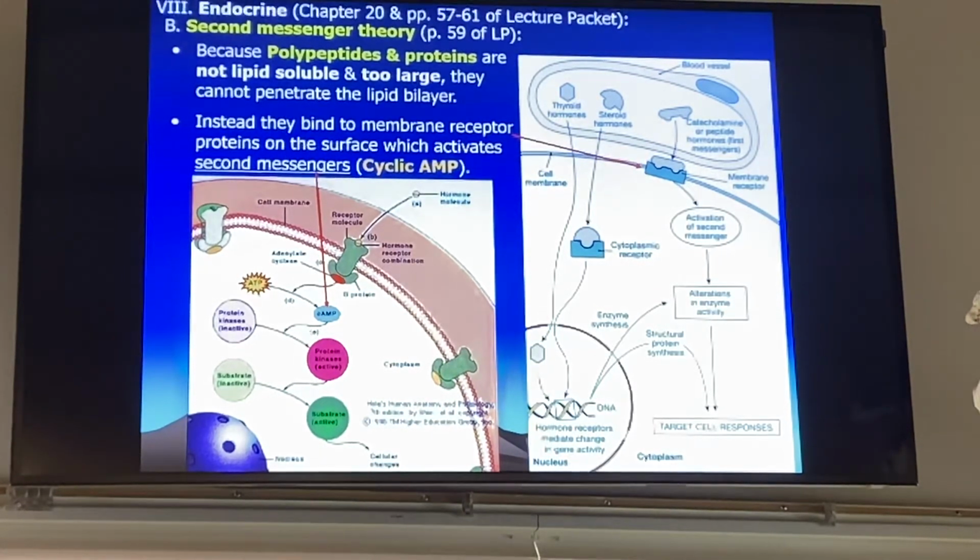You guys remember ATP? And what's this called? ADP. And what's this called? AMP, monophosphate.